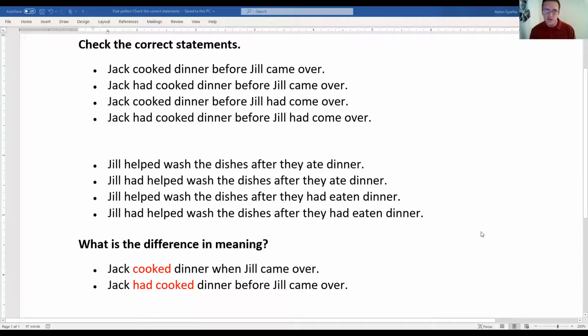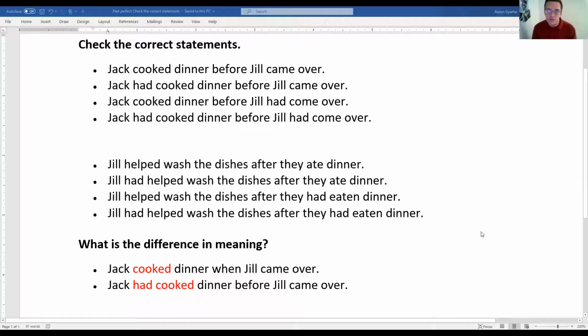In the third, Jack cooked dinner before Jill had come over. Okay, this is no good because the word before seems to tell me that Jill came over second, but I have the past perfect. Jill had come over, which seems to tell me that Jill came over first. So we've got a problem here with the meaning. This is no good.